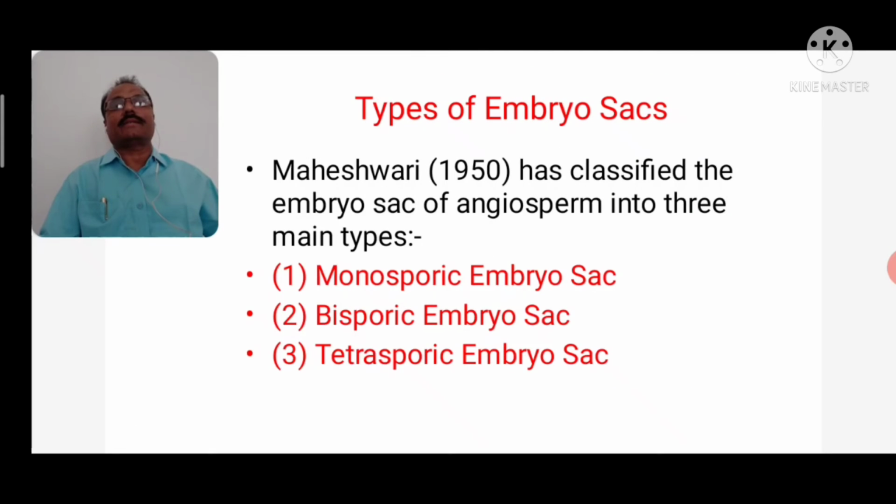Types of embryo sacs. Maheshwari in 1950 classified the embryo sac of angiosperms into 3 main types. Number 1, monosporic embryo sac. Number 2, bisporic embryo sac. Number 3, tetrasporic embryo sac.